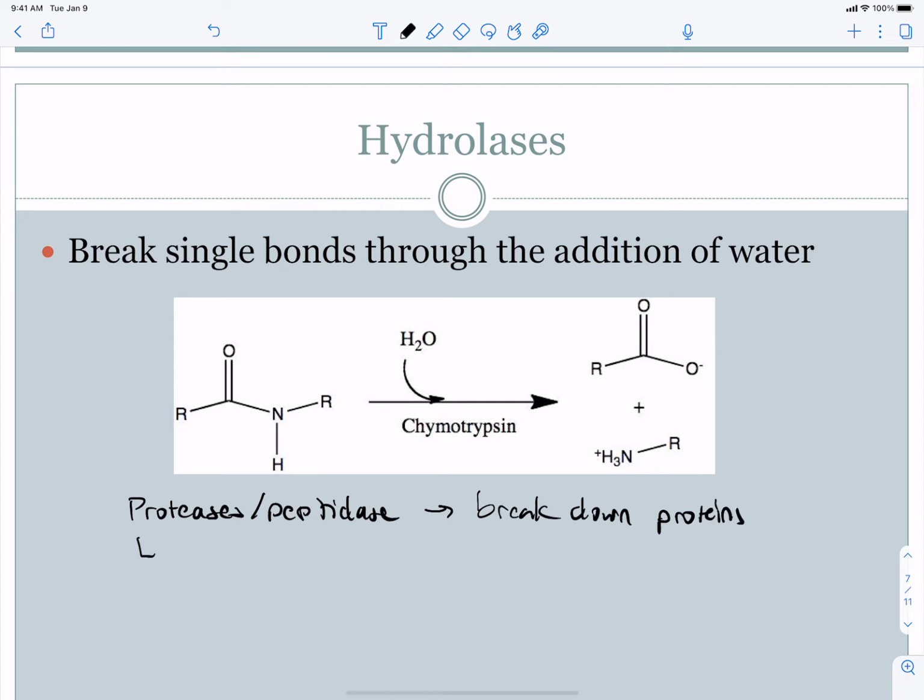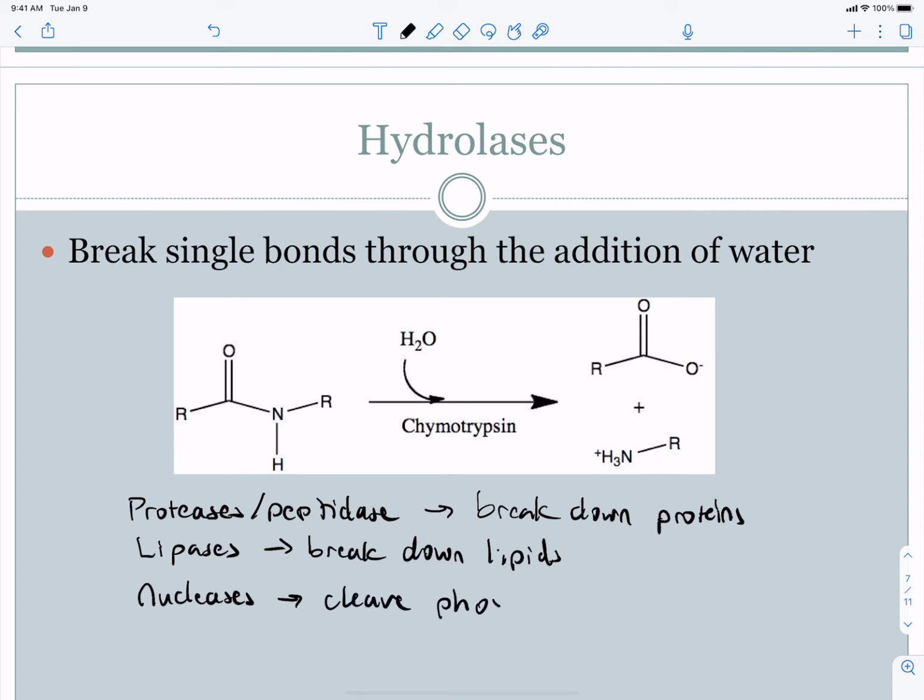We also have lipases, which are going to break down lipids. And we have nucleases, and these are going to cleave the phosphodiester bonds between nucleotide subunits.